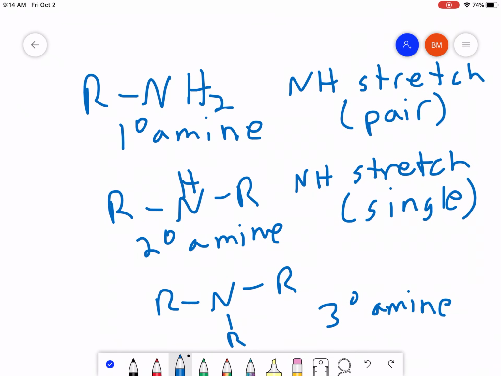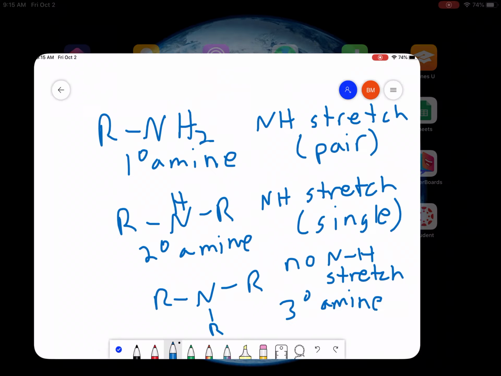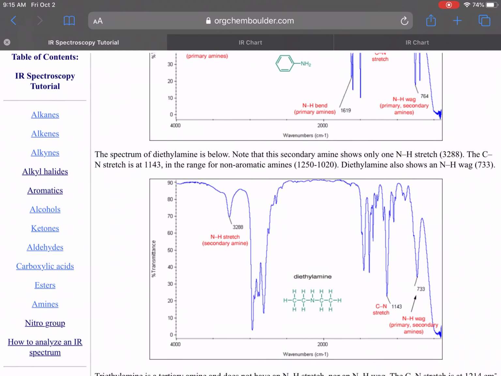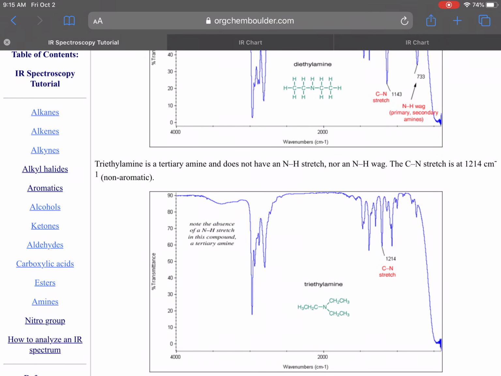Now, what do you think we're going to see with tertiary amines? We're going to see nothing, right? At least not as far as this, because there are no NH bonds. I think we have a tertiary amine on here somewhere. Yeah, you can see here we do not have an NH stretch.